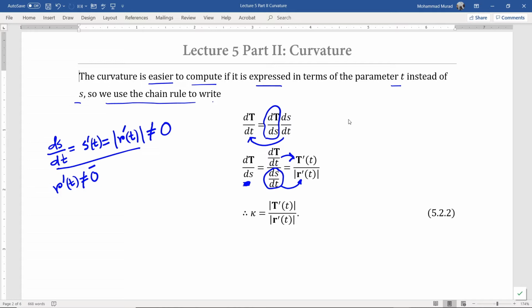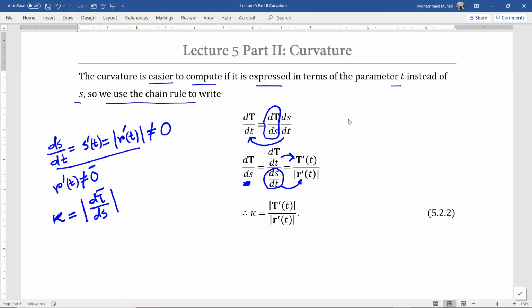But in the previous page, we defined the curvature kappa to be equal to the magnitude of the vector dT over ds.